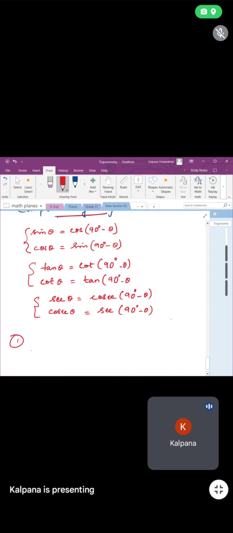Under this, the first question: evaluate sine square 63 plus sine square 27 by cos square 17 plus cos square 73.